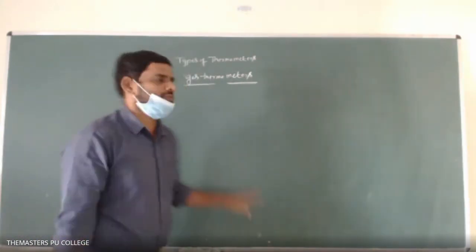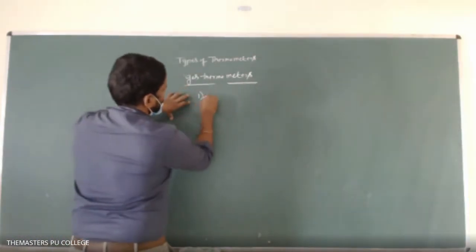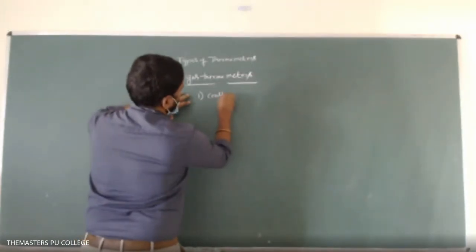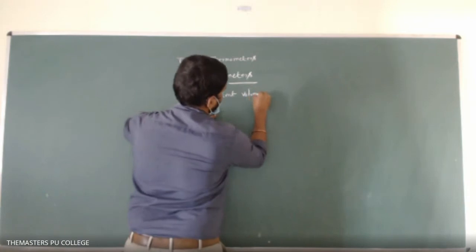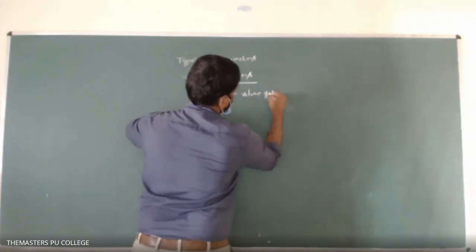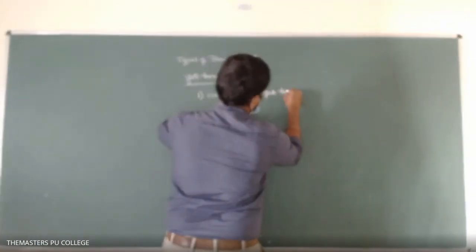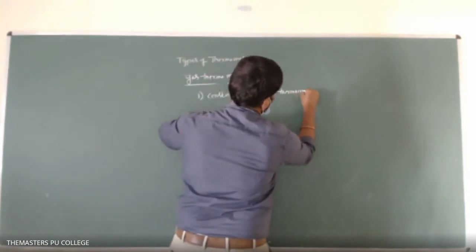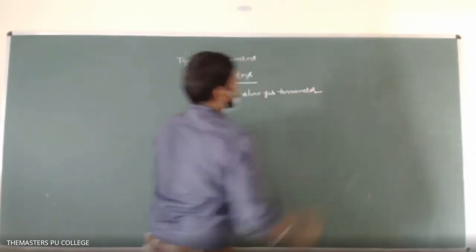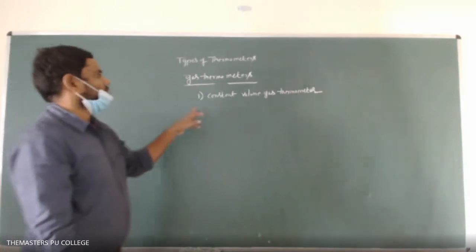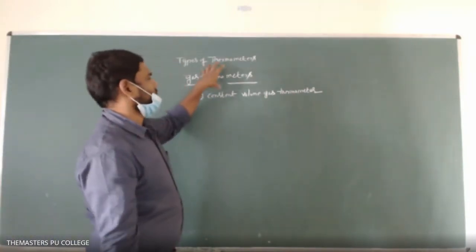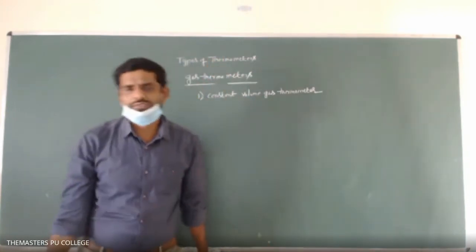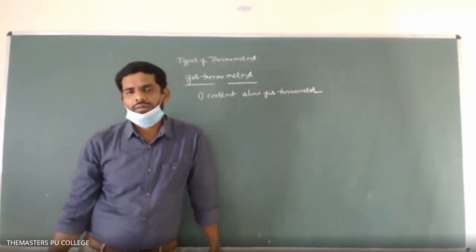One is the constant volume gas thermometer. Constant volume gas thermometers work on the principle of Charles's first law and Charles's second law.